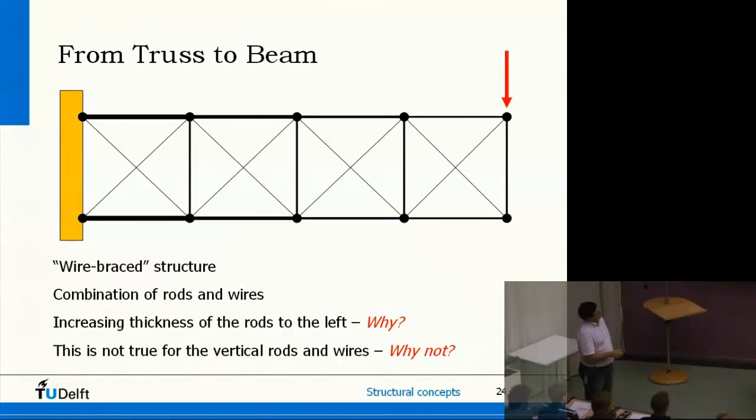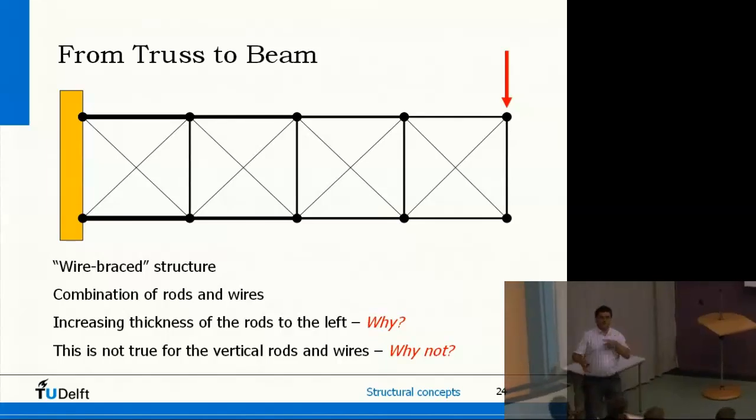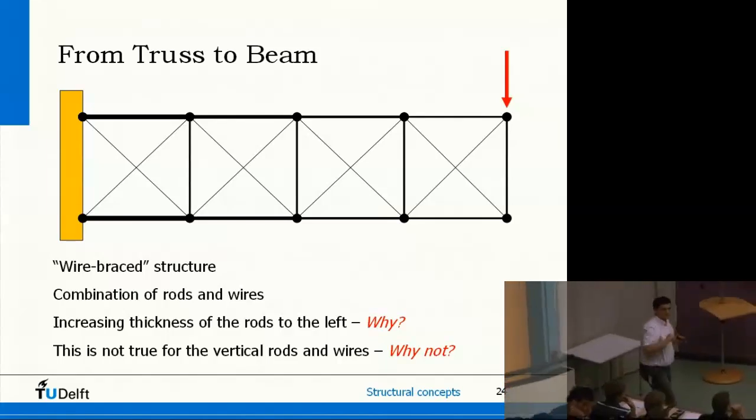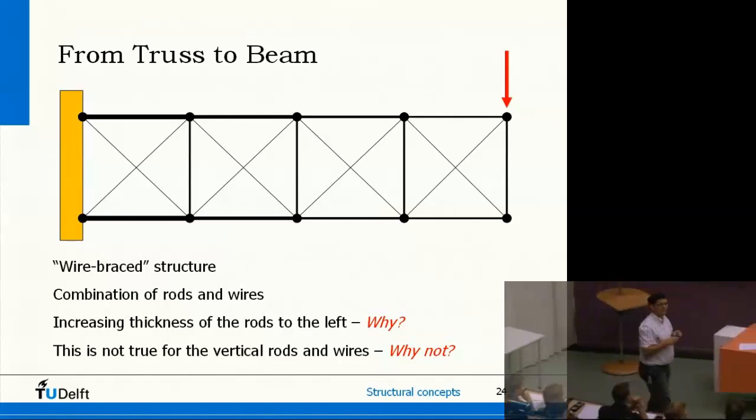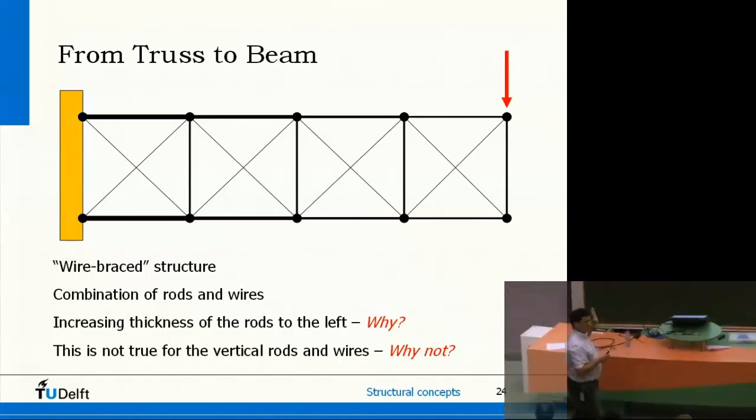There are bars in here at the top and the lower side and also here in between. And what's striking is that the bar at the top side is increasing in cross section from right to left, both sides. You may ask, why is that? The moment becomes larger when you go from right to left.